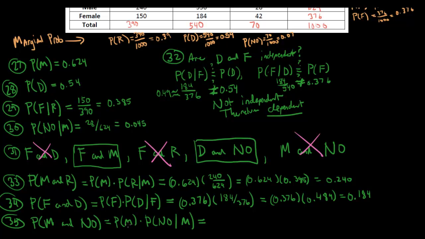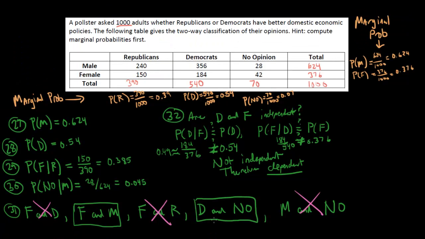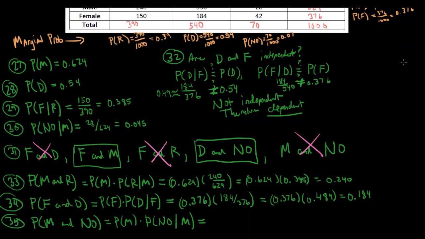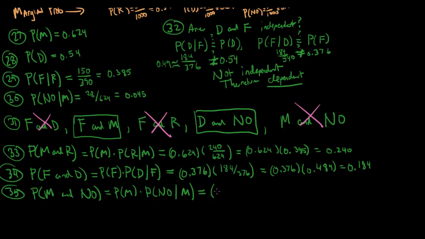Now, look how I structured this. We've already calculated both of these things. That's a marginal probability. We've already calculated that. And look here, probability of no opinion given male. We've already calculated that. And do watch out for that on tests, because I frequently will structure questions so that you have already calculated something you need in a prior problem. Now, let's scroll up. What was the probability of being male? The marginal probability, 0.624.